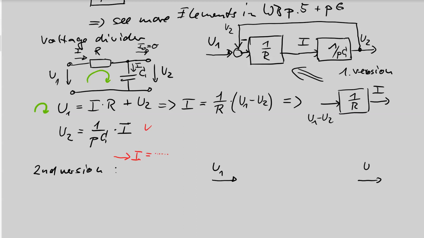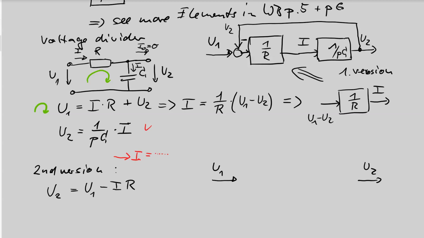Again, we do this the same way as compared with the first version. The difference is now I look for a different equation. The strategy is again the same. I start with the output signal and look for equations going back until I have connected to the input signal. The second version is just looking for the first equation, because the first equation also contains U2, and I can solve the first equation with respect to U2 in the way that I subtract I times R on both sides.